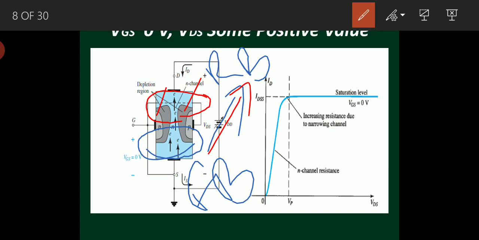A very small gap will still be present. This voltage VDD is called the pinch off voltage.